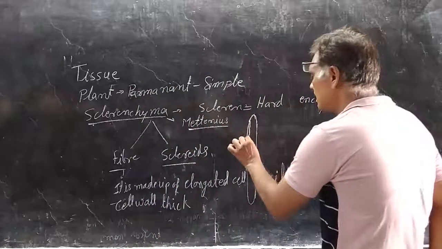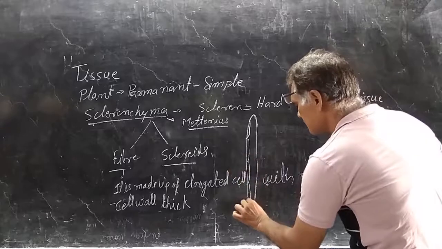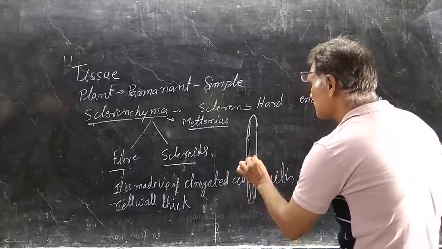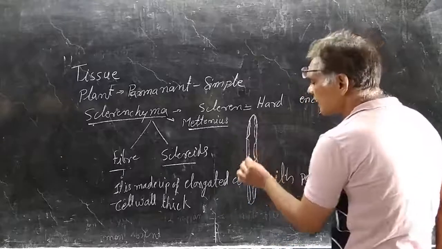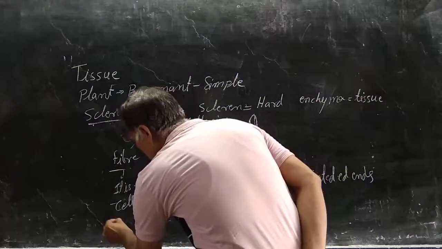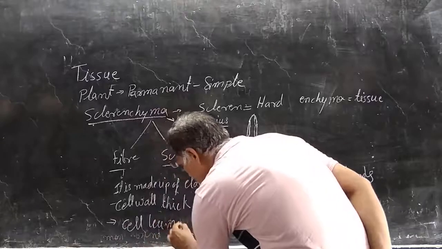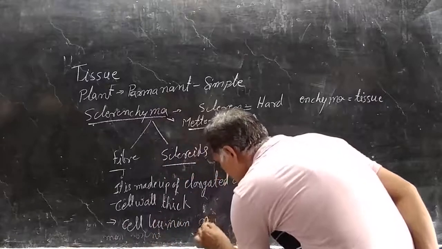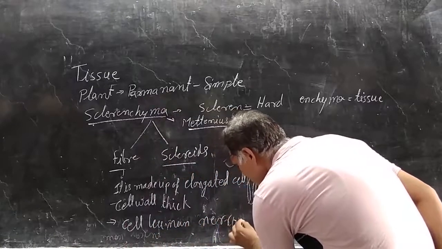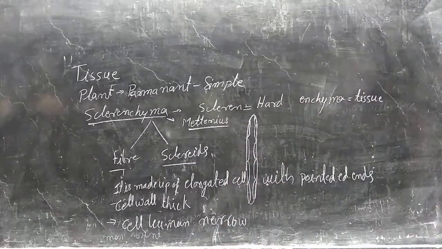The cell wall is highly thick. The cell lumen is reduced, very narrow.